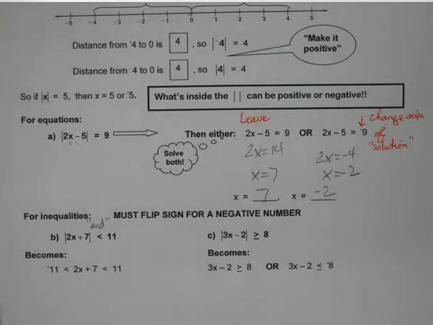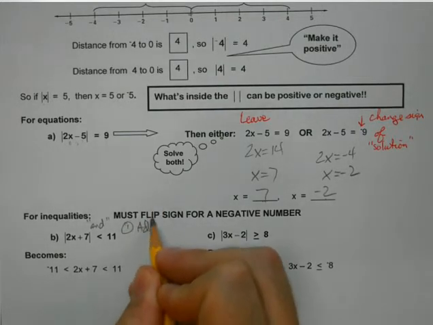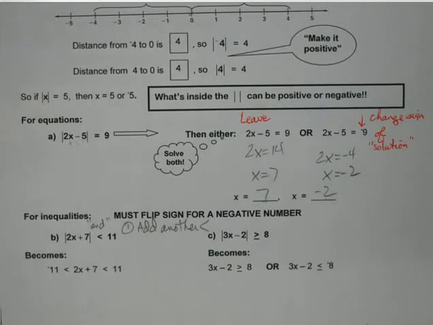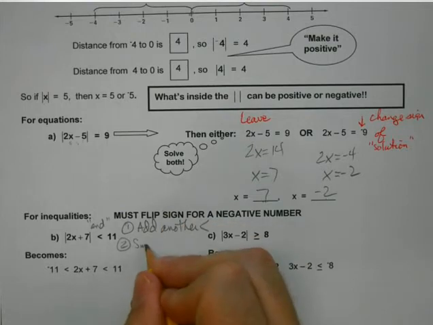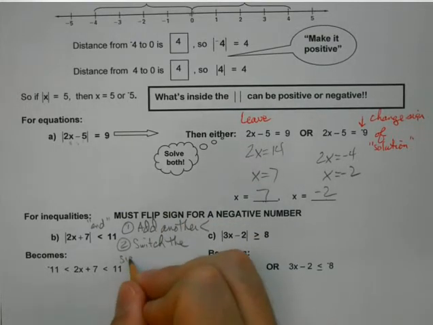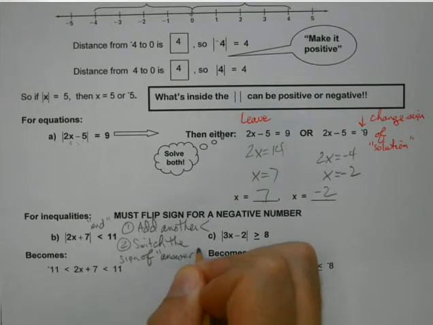So in order to achieve this, we're going to do two things. We're going to add another arrow heading to the left. And we're going to switch the sign again of what we call the answer or the solution.